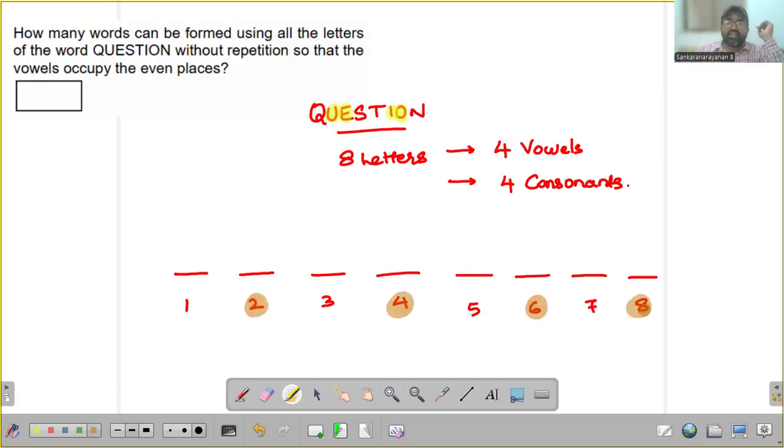Let us deal with that constraint first. So here the first vowel should come, the second vowel should come, the third vowel should come, the fourth vowel should come, right?